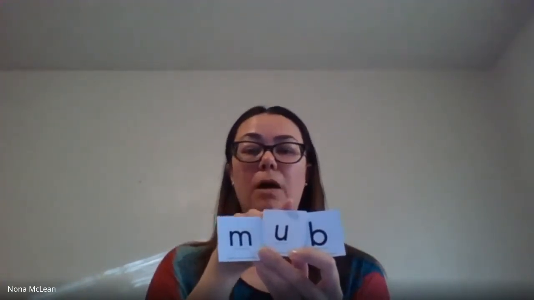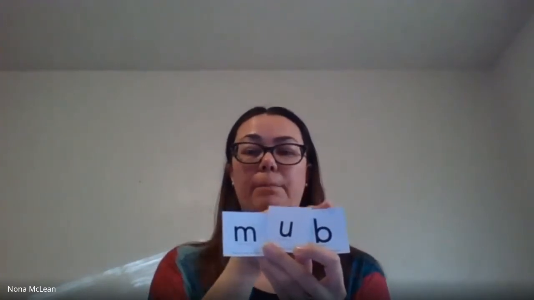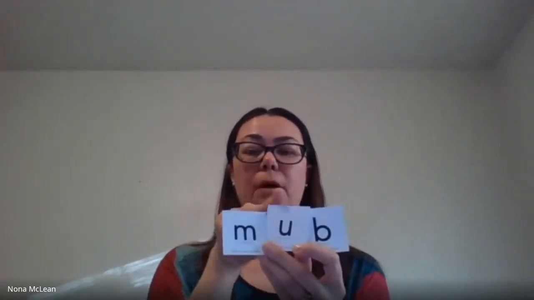M, U, B. Mub, mub. Real word or nonsense word? It's a nonsense word. So I'm going to write it in my nonsense word column. M-U-B, mub. Okay, put that off to the side.